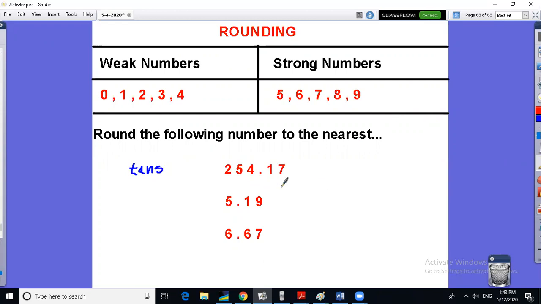If you forgot the place value of the digits before the decimal point, just remember and focus.